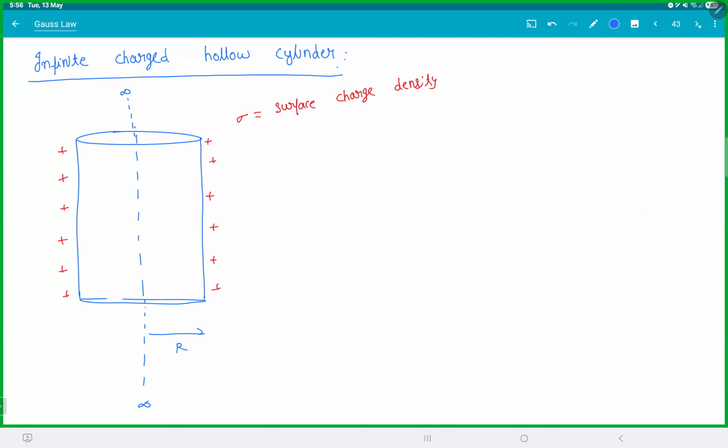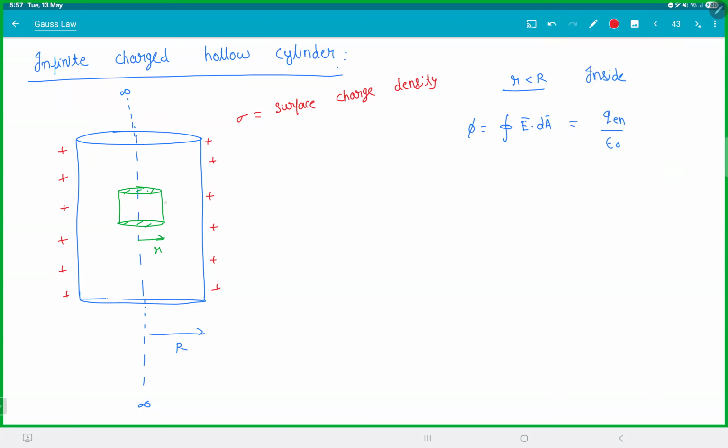What are the steps? Step 1, consider a Gaussian surface. So I will take a Gaussian surface. Again, a symmetrical one will be a cylinder, at distance r. So for r less than R, you're taking inside. The flux will be integral E dot dA is equal to charge enclosed by epsilon.